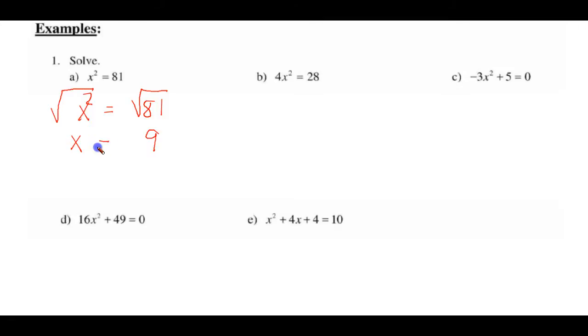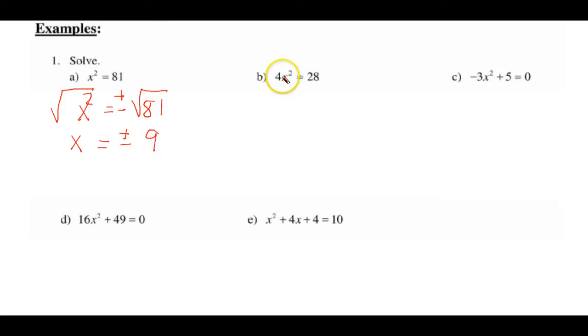But notice I'm only getting one value. So the rule we'll bring into play at this time is that when you take the square root of x squared, in order to ensure you get both answers, we'll put a plus or minus out in front, and we'll get a plus or minus 9. Now we get both answers.